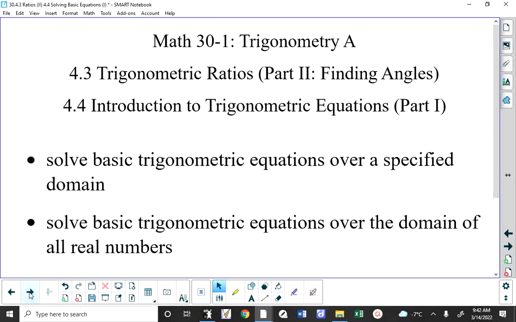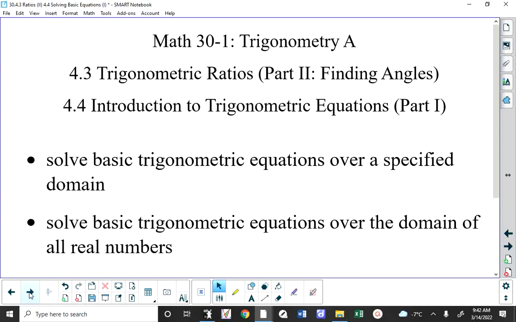Today what we're going to do is an extension again, just a very minor extension from Math 20. I've called this Part 2 of Section 4.3 and Part 1 of Section 4.4. And I've mentioned this before: the second part of 4.3 is really exactly the same thing that's going on in the first part of 4.4.